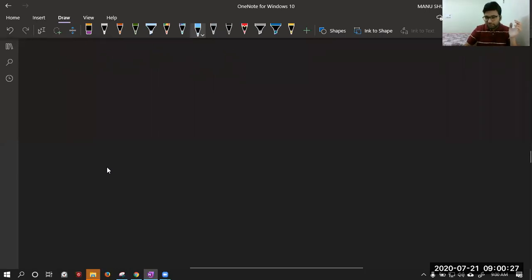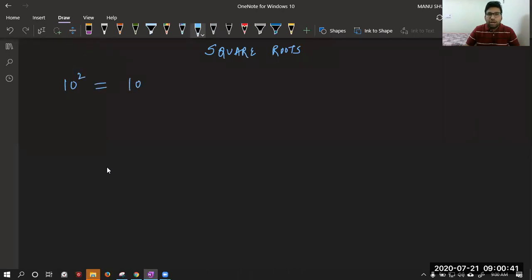So let's write the heading. Square roots. If I say 10 square is equal to 100, that means the square root of 100 is equal to how much?